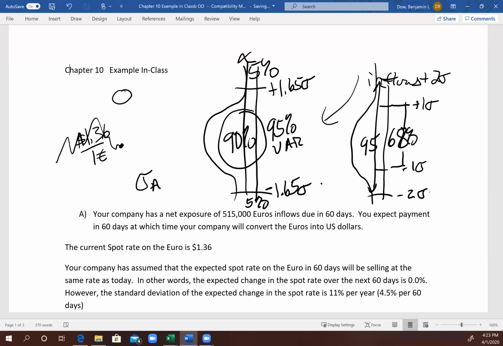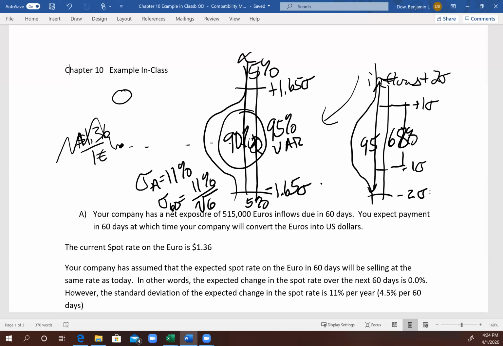So if we thought that the expected value was 0 in the future, and the standard deviation was 11% on an annualized basis, then to figure out a 60-day standard deviation, we take the 11% and divide it by the square root of the number of 60-day periods in a year. So if you take 11 and divide it by the square root of 6, you should get about 4.5%.